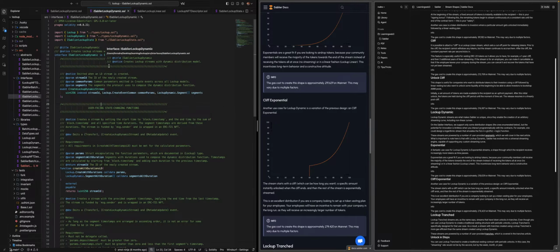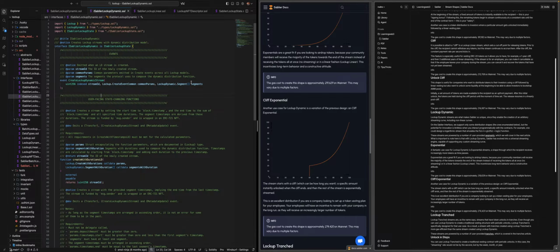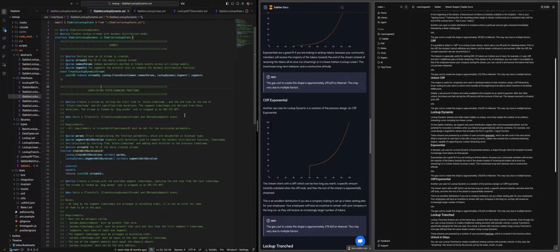So creates lockup stream and dynamic distribution models. The sum and time to the sum of time and all. Specify the segment.